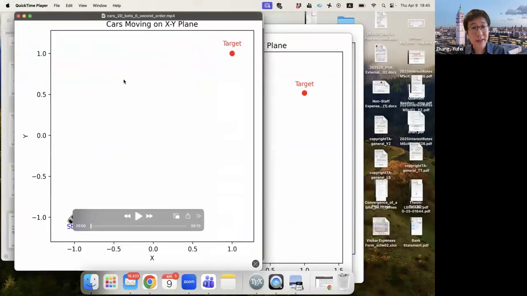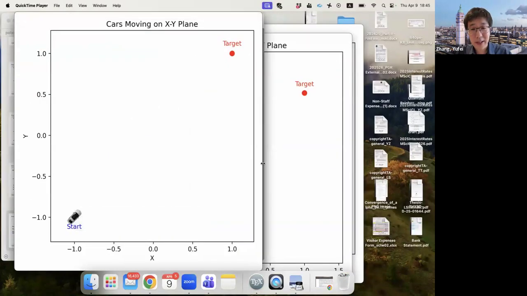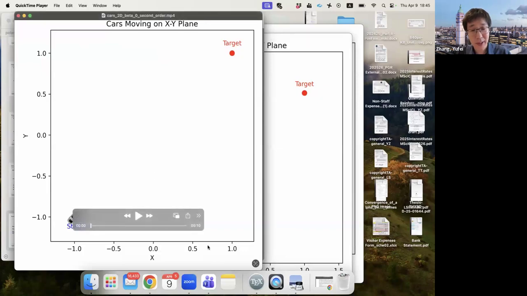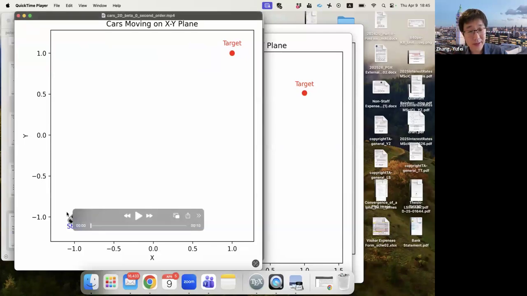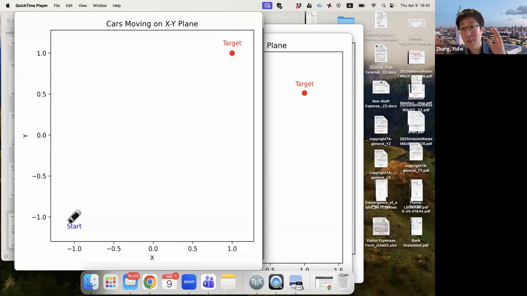So this is the first case. This is the automated driving example where there are 10 cars. They all start from the same starting point, and they all want to reach the same target. But as I said before, when they move, they want to deviate from others.